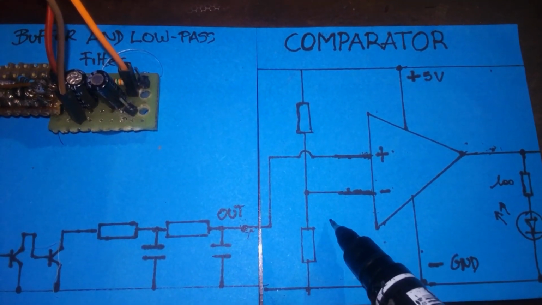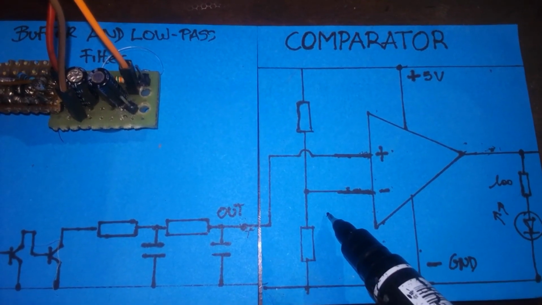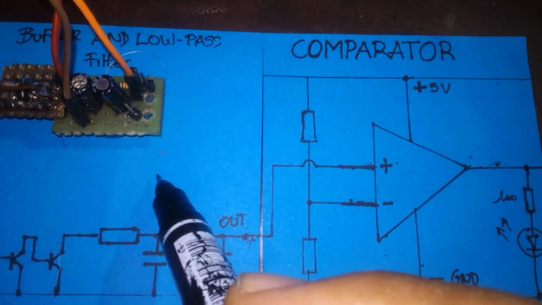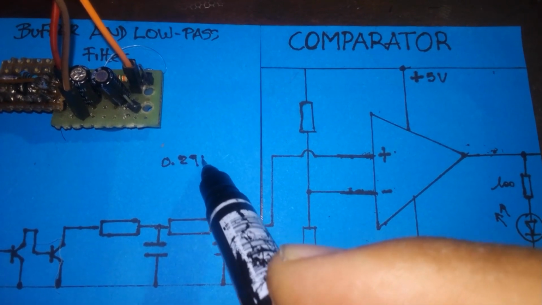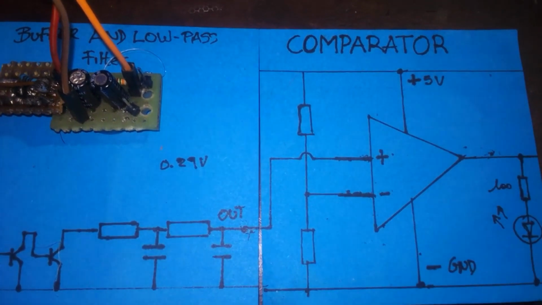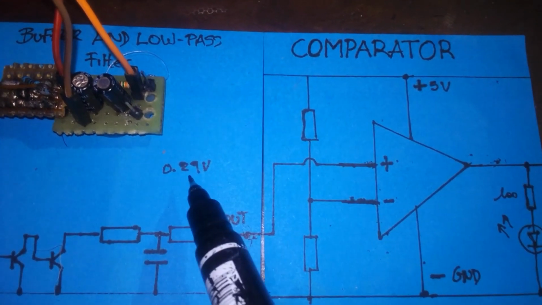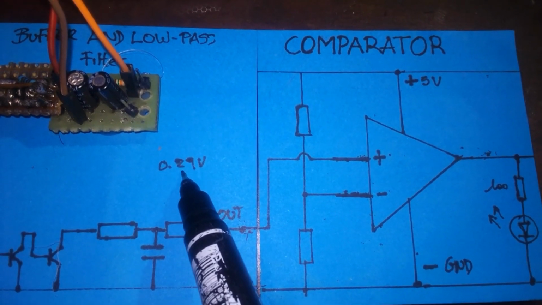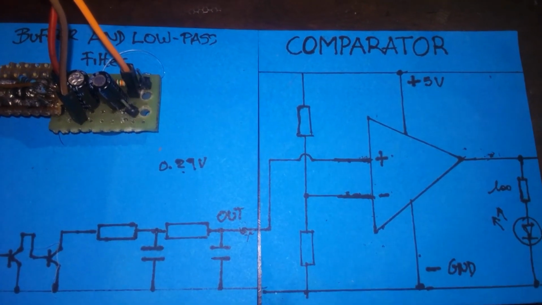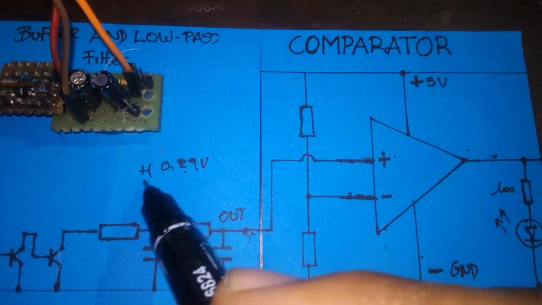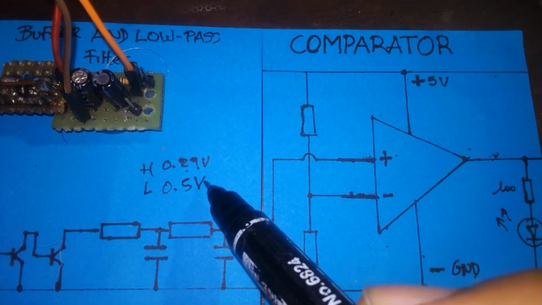Earlier, we've calculated that when the switch is in the higher position, we had 0.29 volts, and when it's in the lower position, we had 0.5 volts.